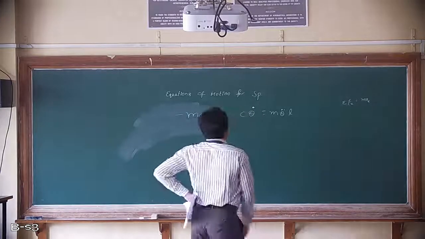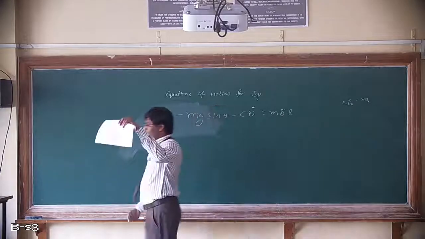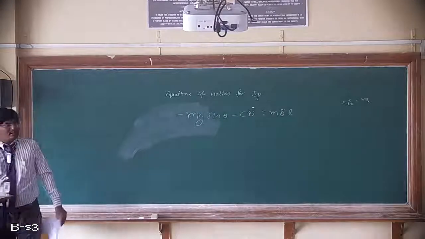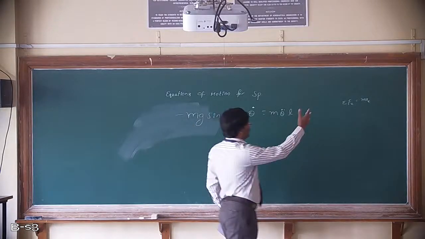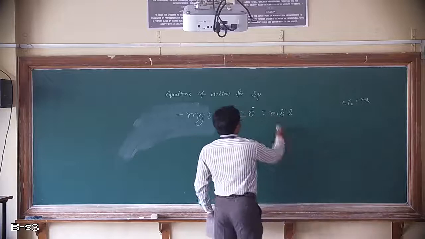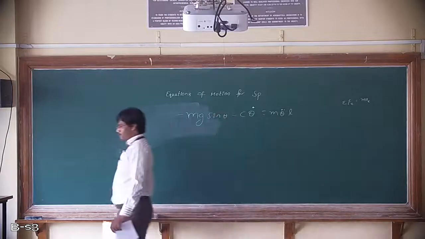L is the length of the string, and m is the mass of the bob.